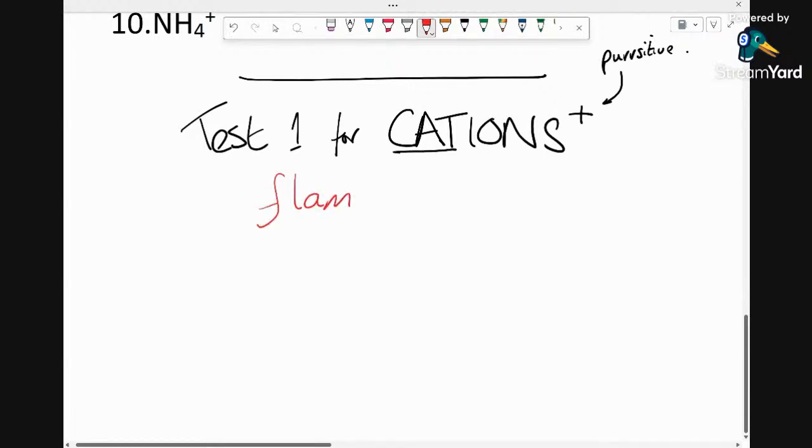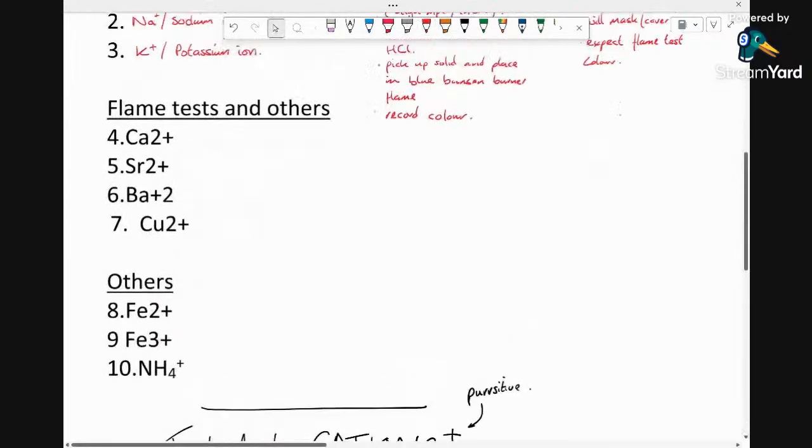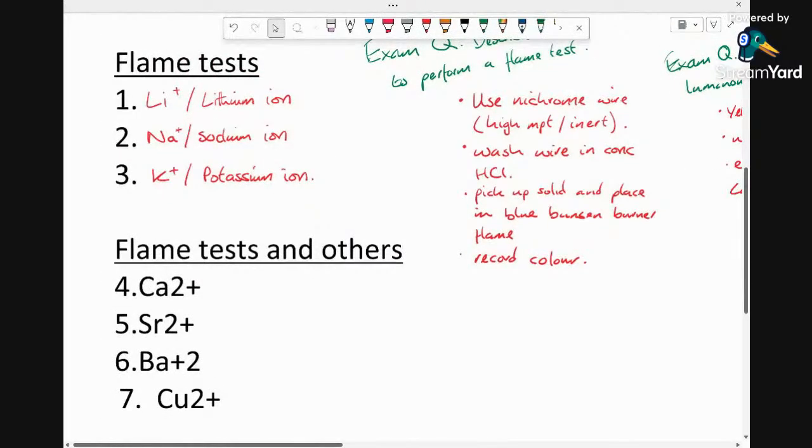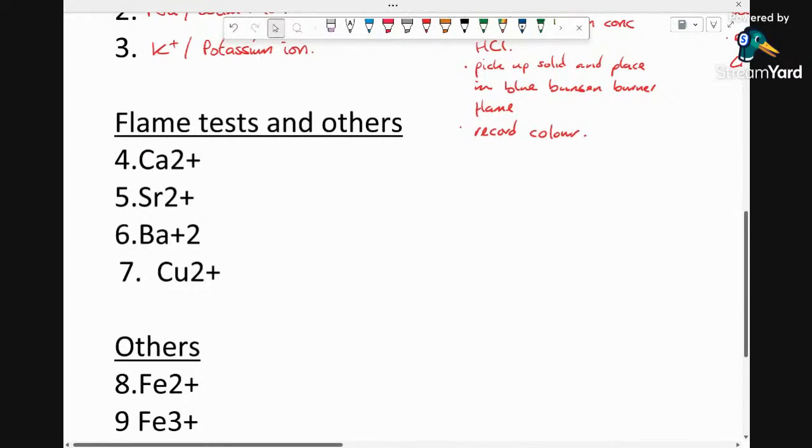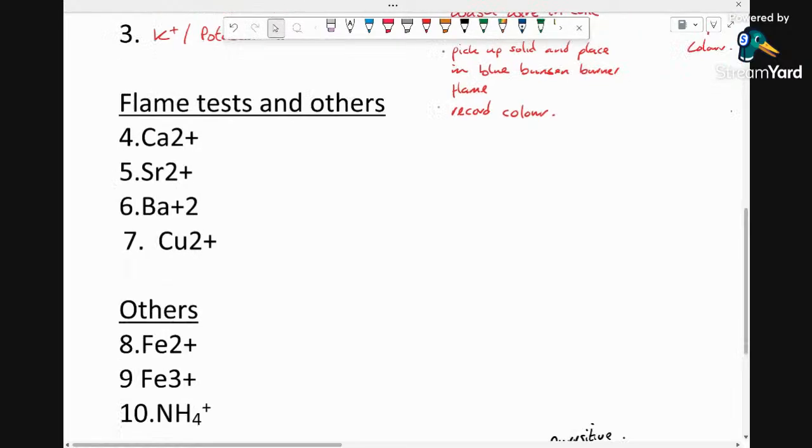So we're going to do a flame test. We've now described it. Let's give our colors. The great thing is I can now blend my 2 groups: cations that I can only test for with a flame test, and cations that I can test for with a flame test and with other tests as well.